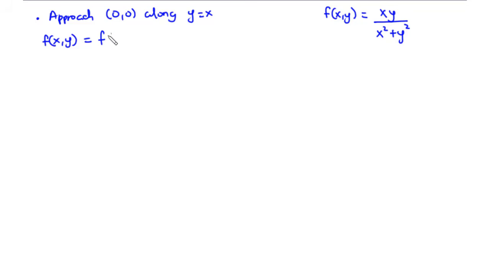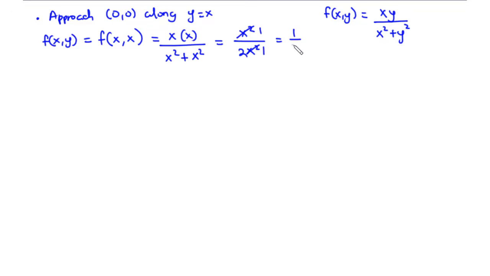So this is equal to f of x, x. So wherever we see y, we are going to substitute that for x. So we have x times x divided by x square plus x square. Now this is equal to x square on top divided by 2x square. So this goes here once, this goes here once. So we have 1 over 2.